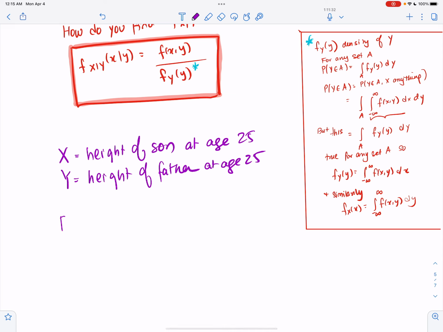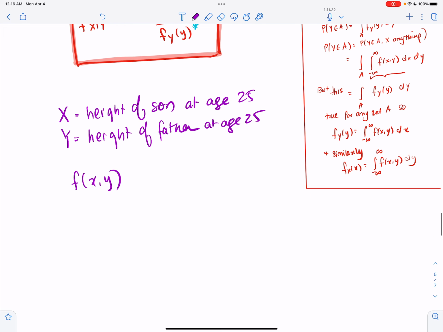Well, if you just look at the joint distribution of x and y, that will be this, okay? This is just the joint distribution of heights of sons and fathers overall.